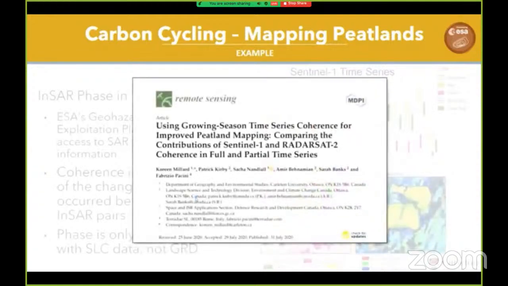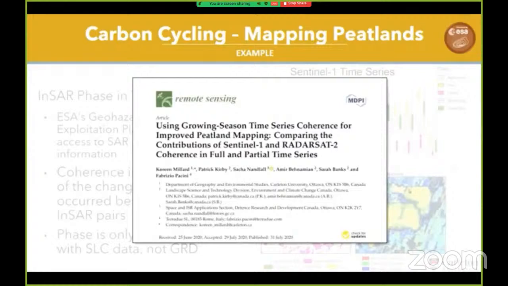It's open access. If you have any questions about it, let me know. Or if you need me to send it, I can. But what I showed here was that coherence, specifically Sentinel-1 time series coherence, was better for classification of peatlands than using amplitude information alone. And I compared Sentinel-1 and RadarSat, but we can't use RadarSat outside of the Canadian government, basically.